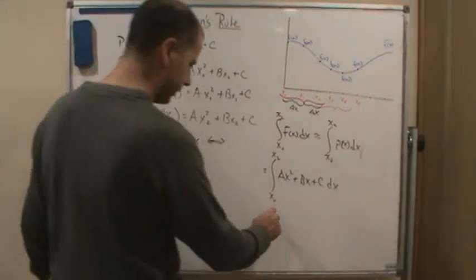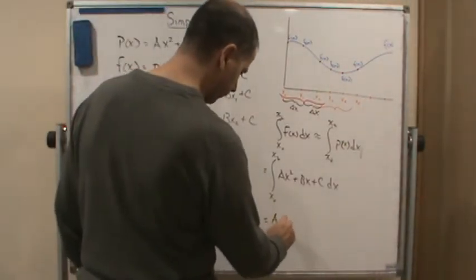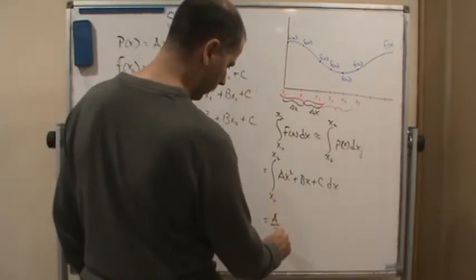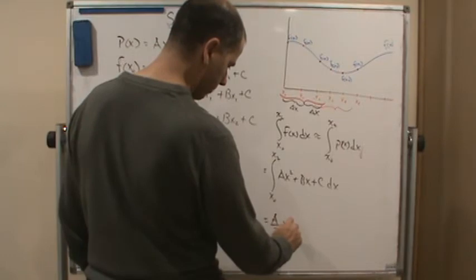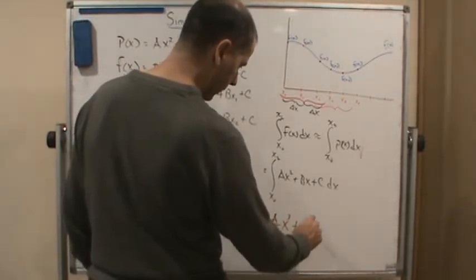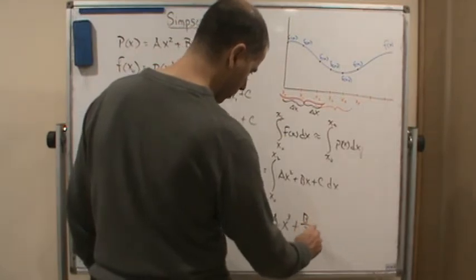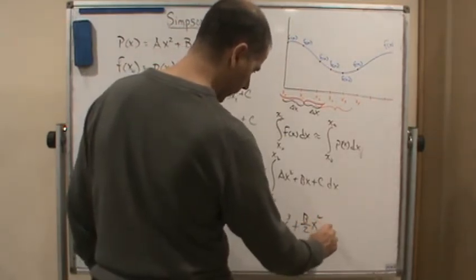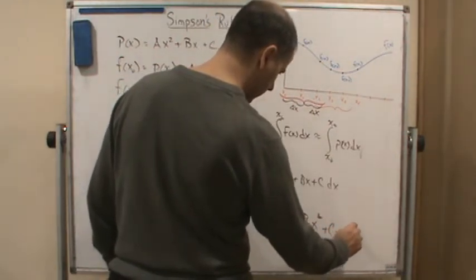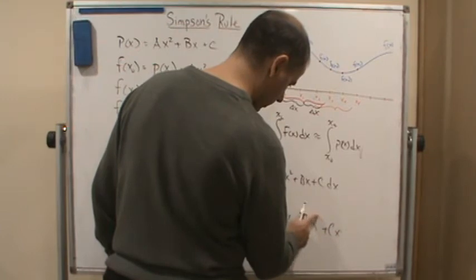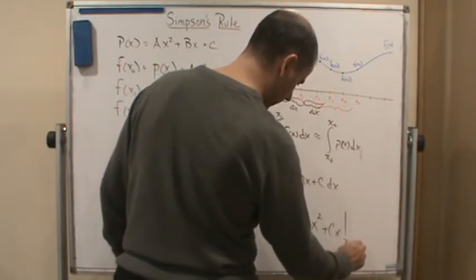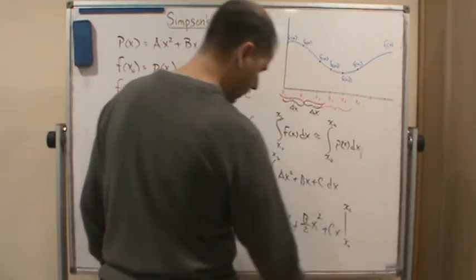And of course, if we integrate this, we get a over 3 x to the third plus b over 2 x squared plus c x, evaluated from x0 to x2.